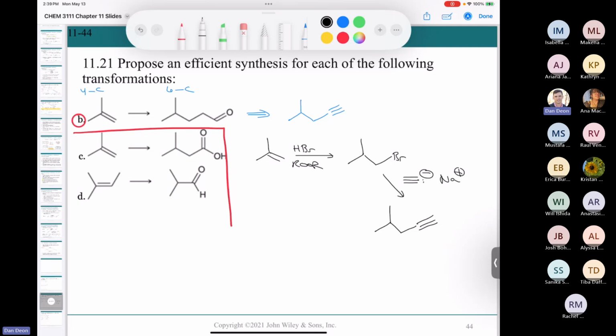Now, to make the aldehyde, we know that we have to do an anti-Markovnikov addition of water across this triple bond. Can anybody tell me the first step? If I want to make the aldehyde, what's the first step in the anti-Markovnikov addition of water across that triple bond?